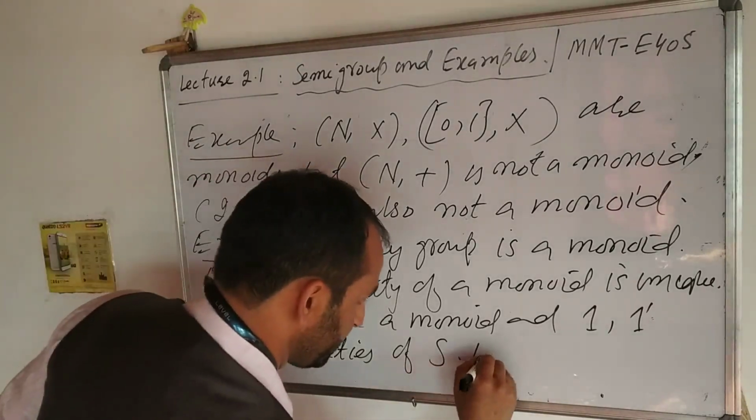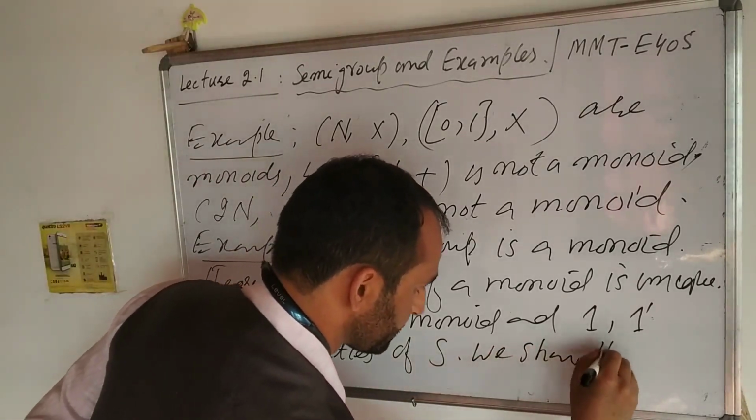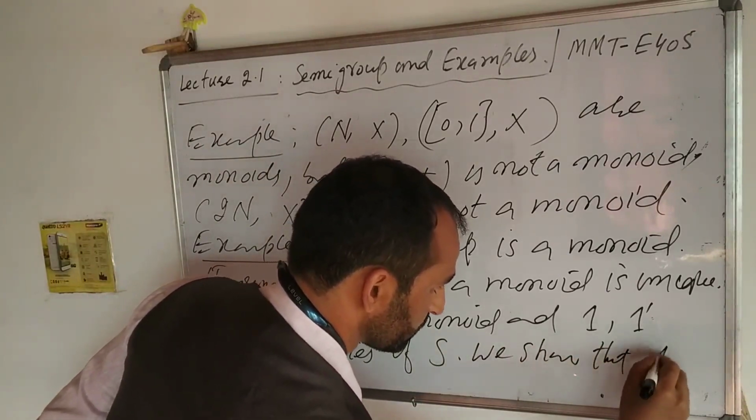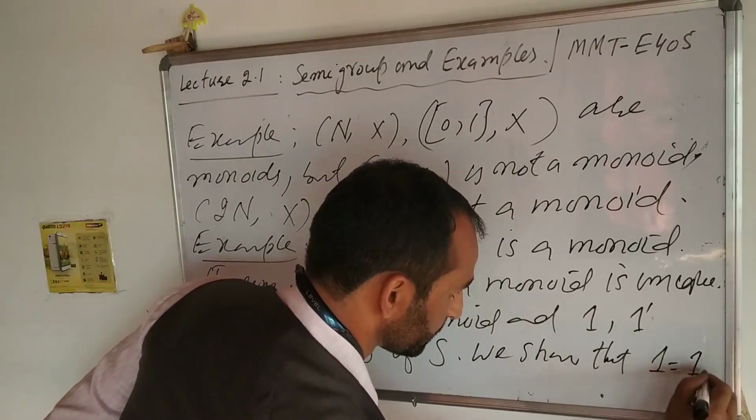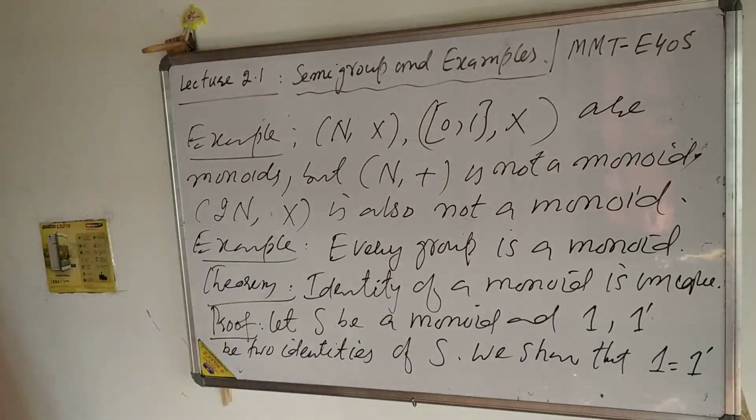So we show that 1 is the same as 1 dash. Identity is unique.